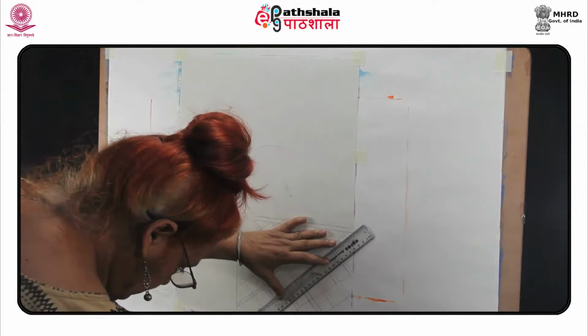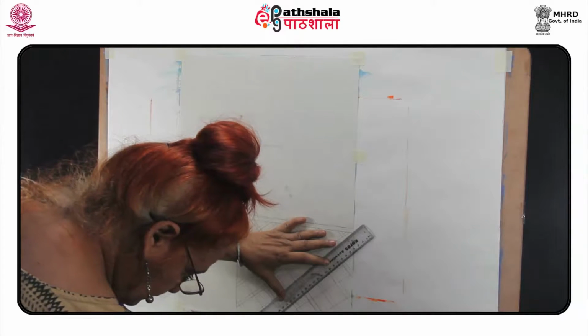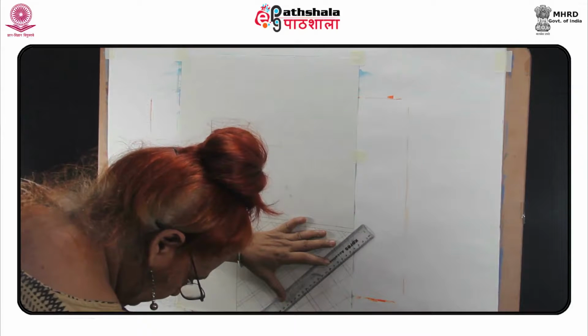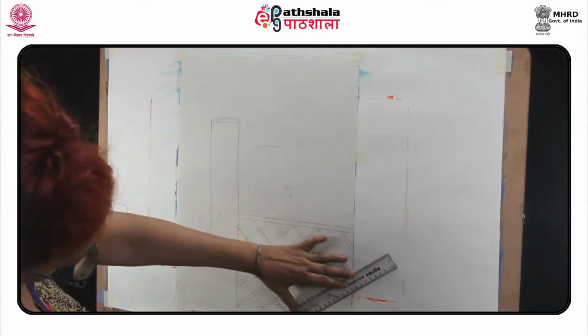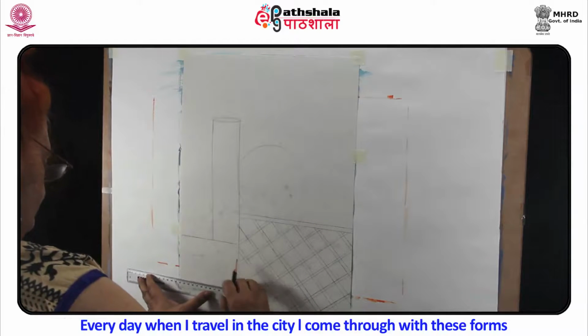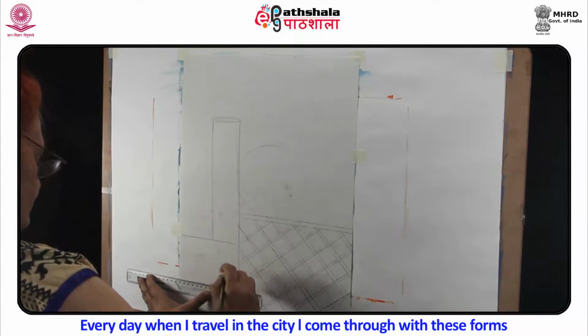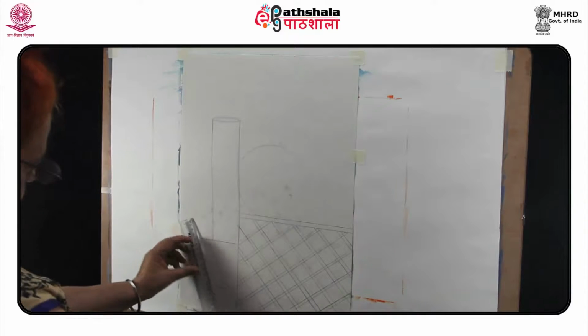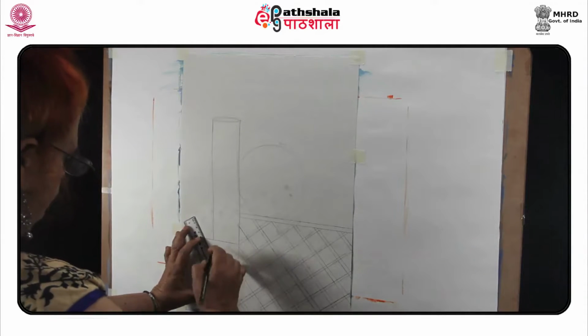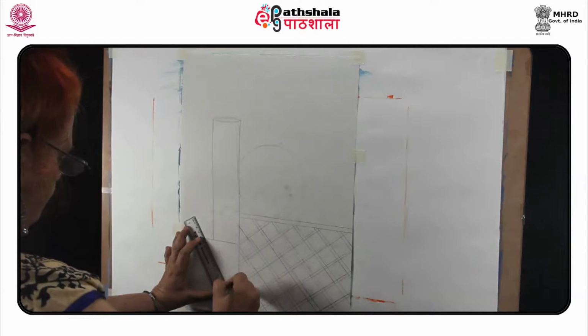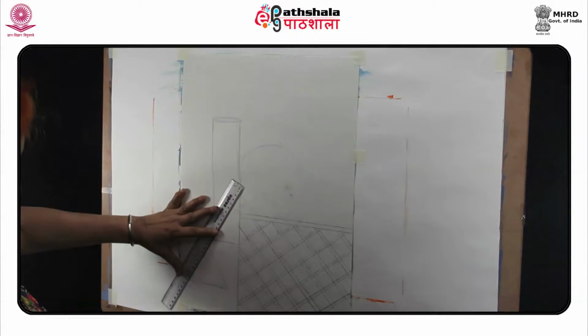These elements are also an interpretation of real life. Every day when I travel in the city, I come across these forms, in the factory or in the sports ground.